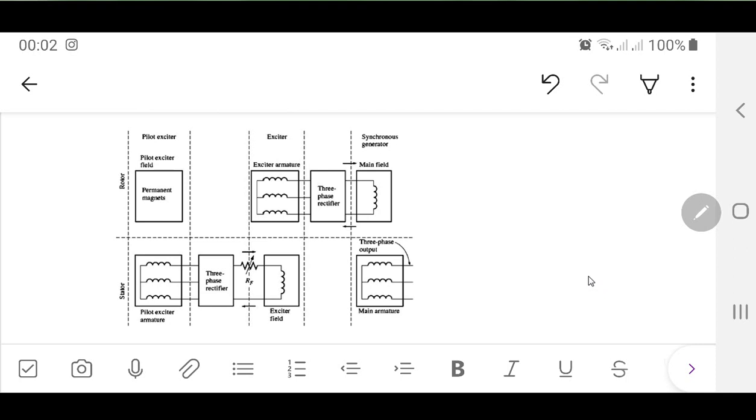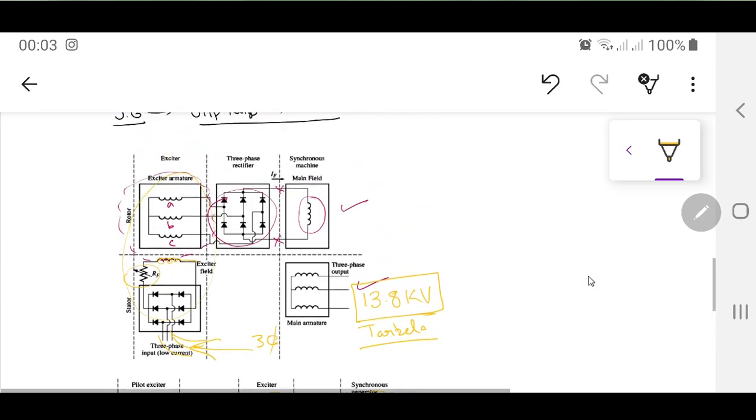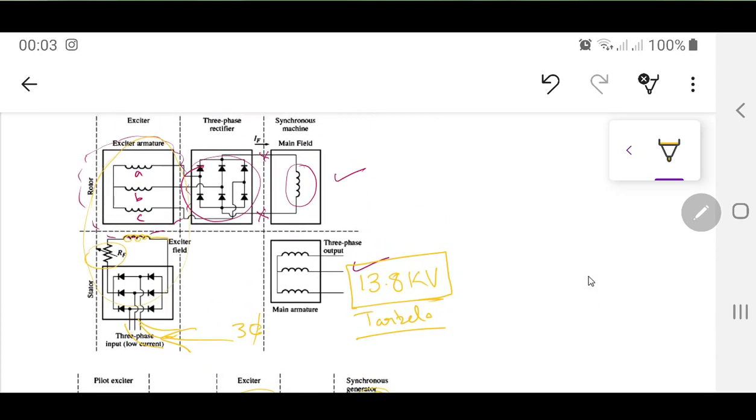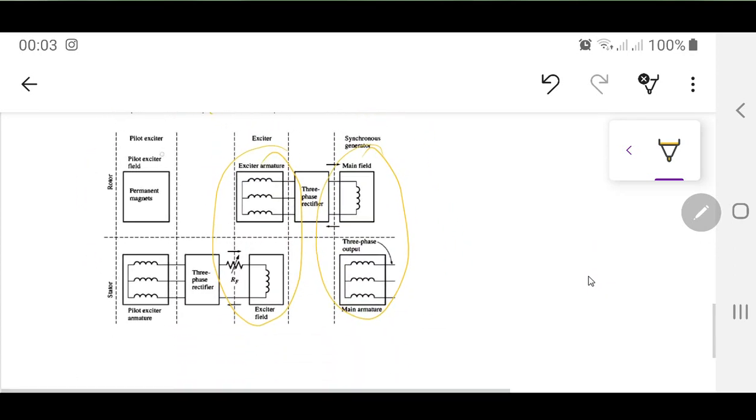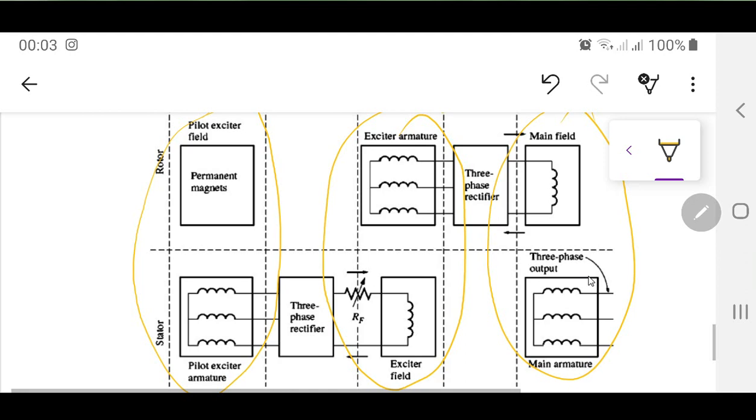Now what you're seeing over here is, instead of that two-stage diagram, this time it is a three-stage diagram. The same generator is over here, that is the main synchronous generator. This is that brushless exciter which we just talked about in the previous diagram. And now this time there is another small generator over here. If I zoom in, the only thing changed is this is called a pilot exciter field.